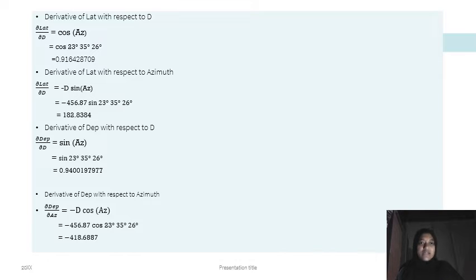And for the derivative of dep with respect to azimuth, we get partial derivative dep per partial derivative azimuth equals minus d cos azimuth. And the answer is minus 456.87 cos 23 degrees, 35 minutes, 26 seconds, and we get the answer minus 418.6887.